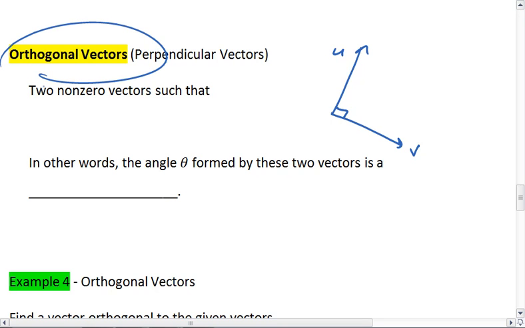These are two non-zero vectors such that what we see is that their dot product, when our vectors are orthogonal or perpendicular, is going to be 0. And the reason this is because if we're at a 90-degree angle, cosine of 90 degrees, or cosine of pi over 2 radians, is 0. So that means our dot product has to be 0.